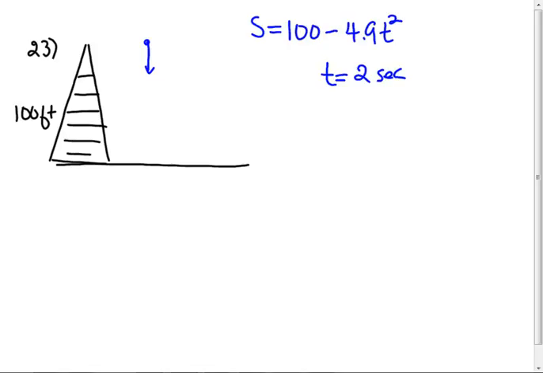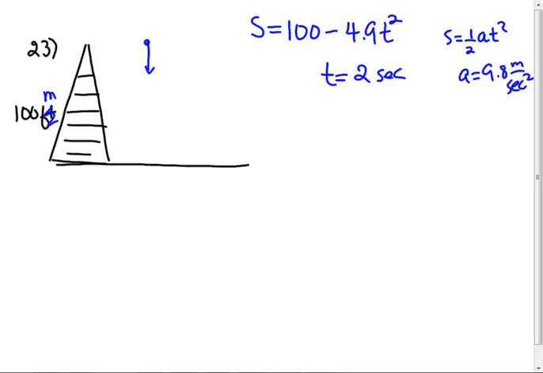It's 4.9. Oh, it's meters. That's the constant due to gravity. It's 1/2 the gravity. You don't have to worry, they give you the formula. It's 1/2 of at squared, where a is equal to 9.8 meters per second squared. Okay. I don't want to know where it is at 2 seconds.